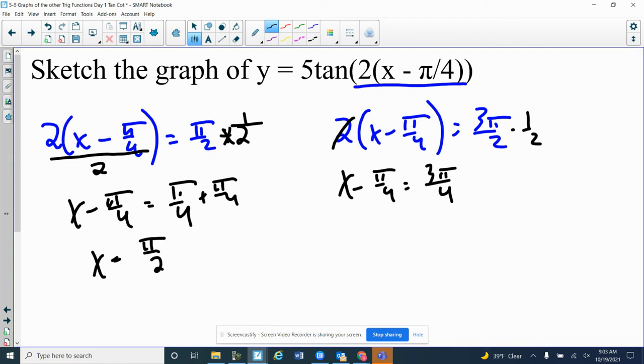All right, so if we divide by 2, which means you multiply by the reciprocal of 2, so you're multiplying by 1/2, I got 3 pi over 4, and then add pi over 4 to get 4 pi over 4, which is pi.